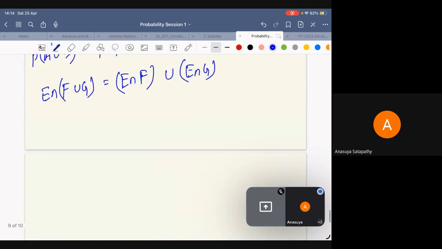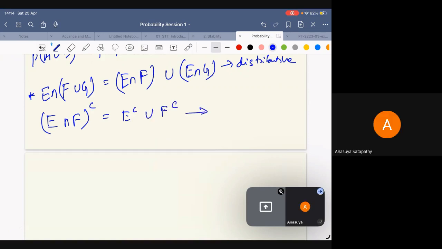This is distributive. And let's say there are sets E and F. So (E intersection F) complement. What can I write? E complement union F complement. So this is De Morgan's law.